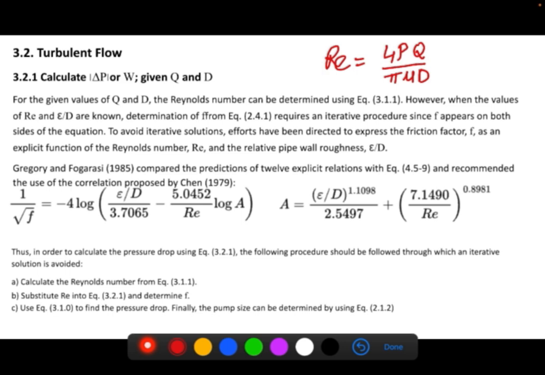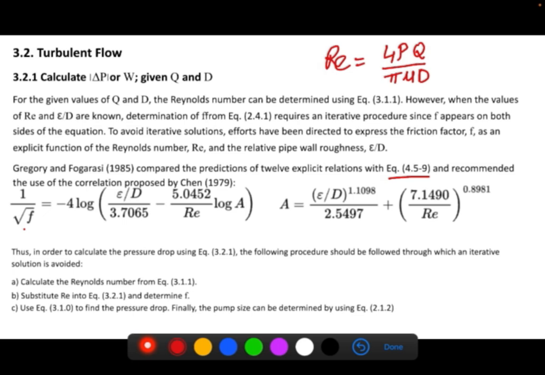To avoid iterative solutions, efforts have been directed to express the friction factor f as an explicit function of Reynolds number and relative pipe wall roughness, that is epsilon by d. Two scientists, Gregory and Fogarty, in 1985 compared the predictions of 12 explicit relations with the Colebrook equation and recommended the use of the correlation proposed by Chen in 1979.